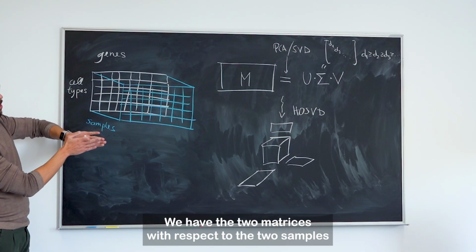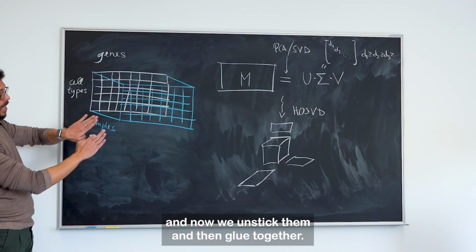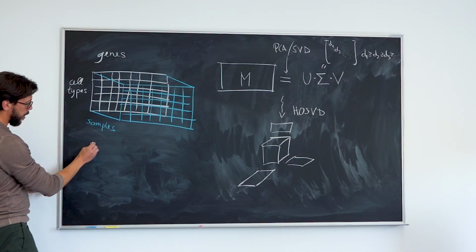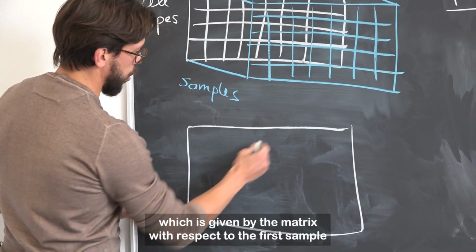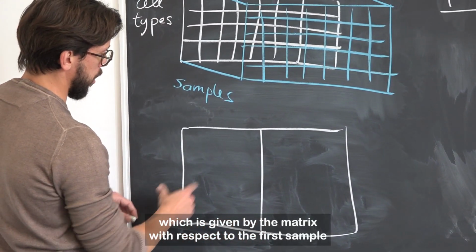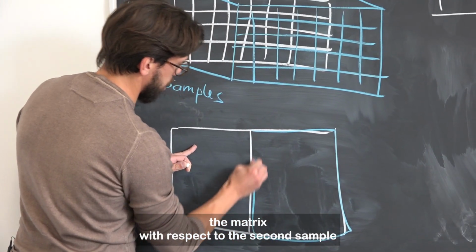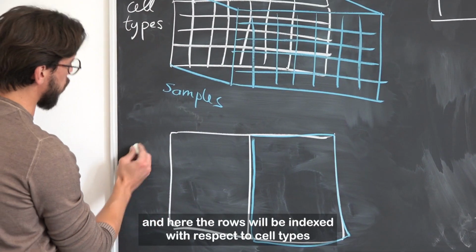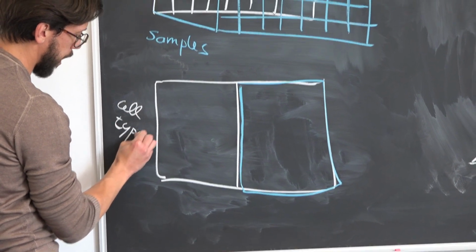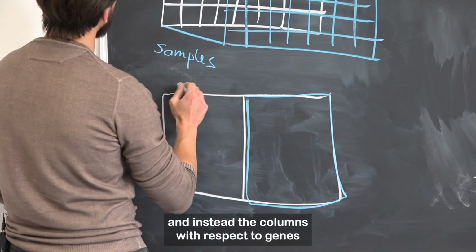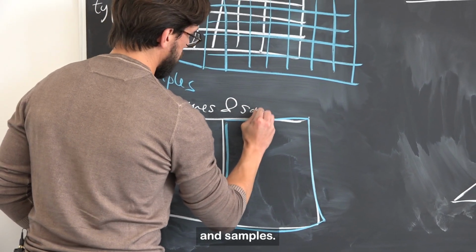We have the two matrices with respect to the two samples, and now we unstick them and then glue them together. In this way, we get a matrix, which is given by the matrix with respect to the first sample, and the matrix with respect to the second sample. And here the rows will be indexed with respect to cell types, and the columns with respect to genes and samples.